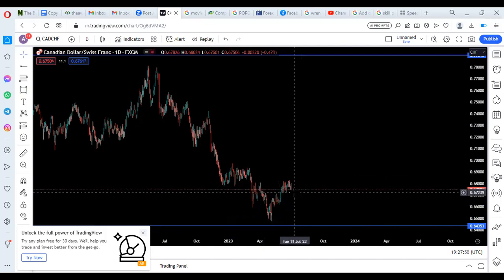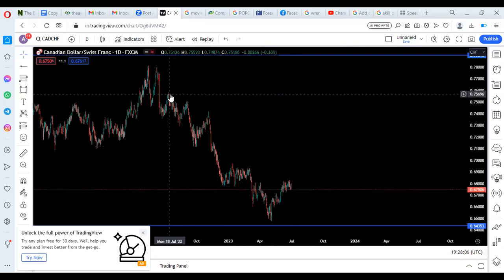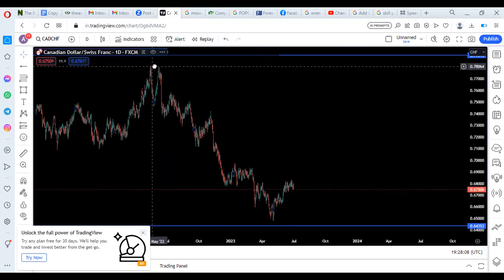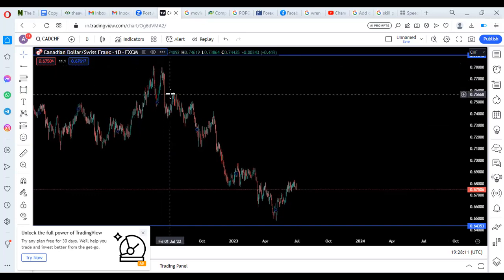I want to understand where there are imbalances, where there are maybe weak points in the market that I can take advantage of, and where the market is going. So I will read my chart: this is a high, this is another high.